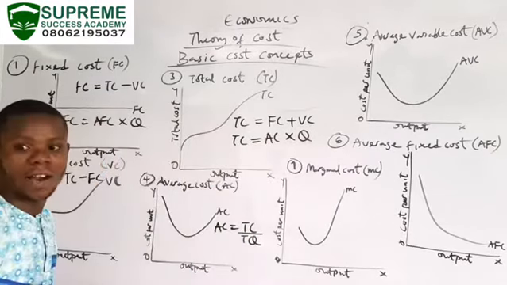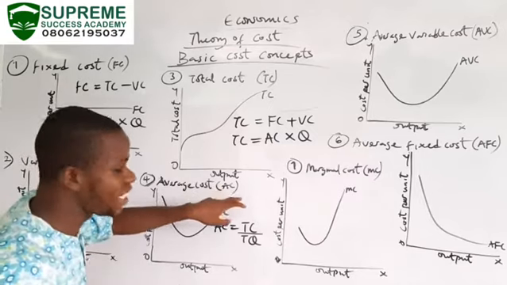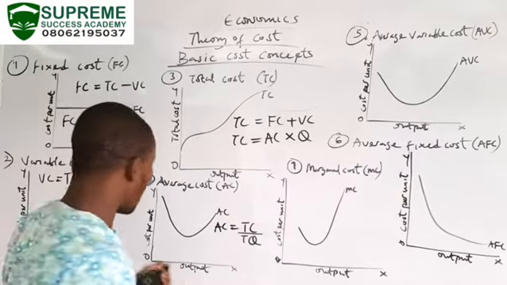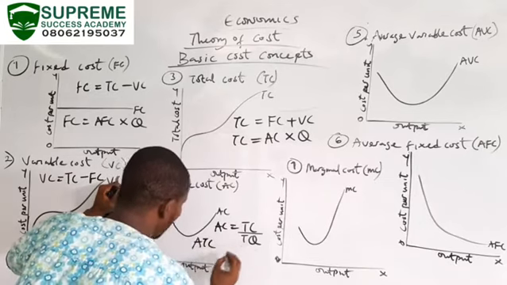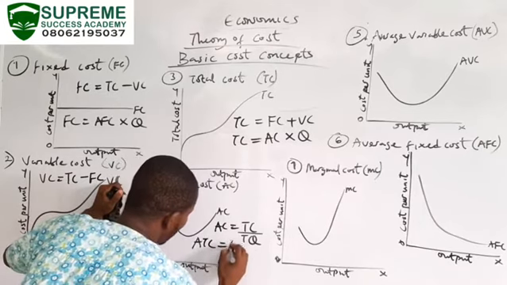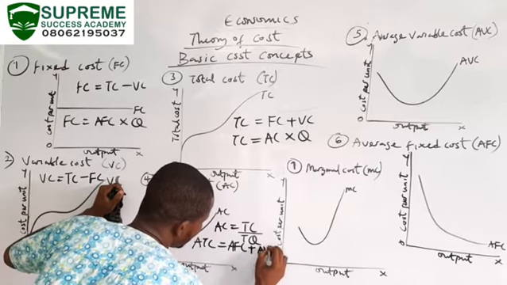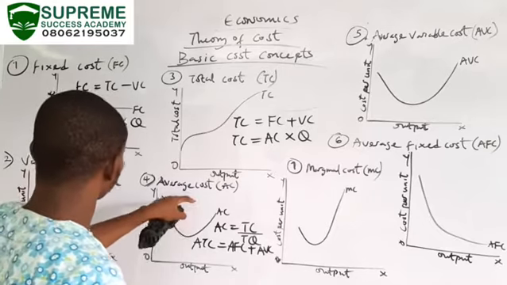At the same time, remember average cost can also mean average total cost. So we can also see it as ATC, as another formula, equals AFC plus AVC. So these are the two formulas for average cost.